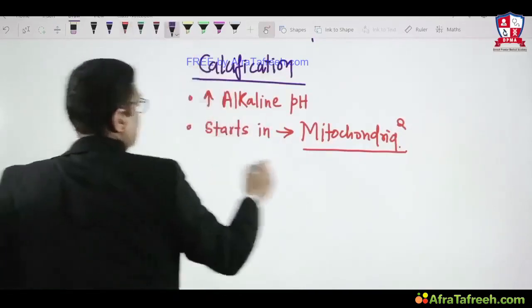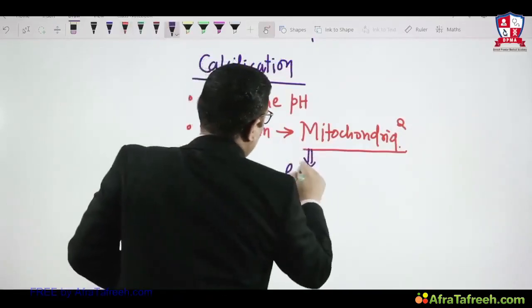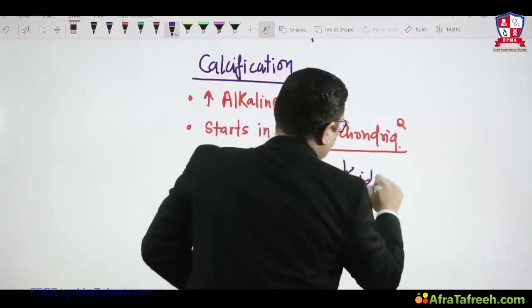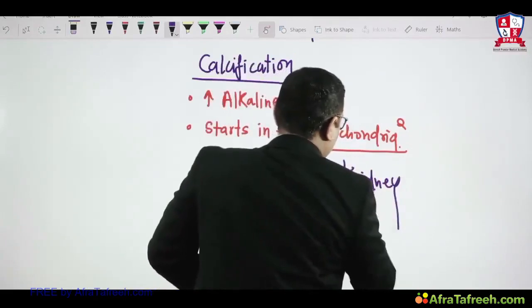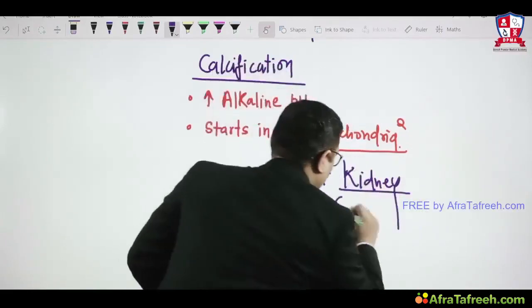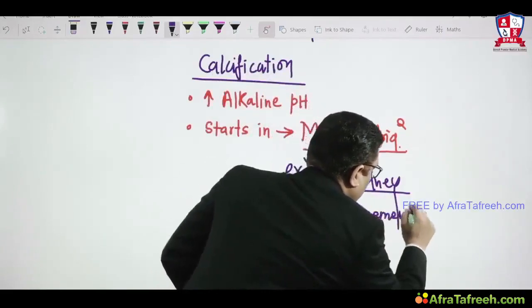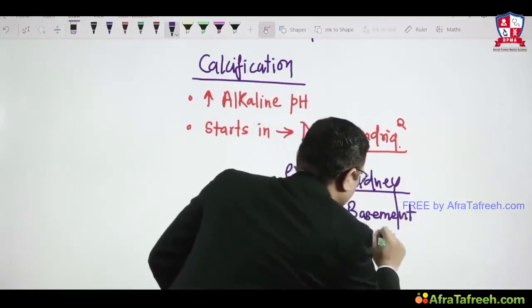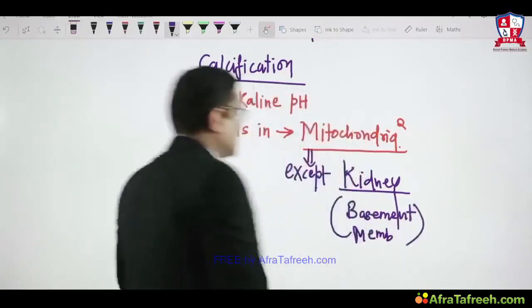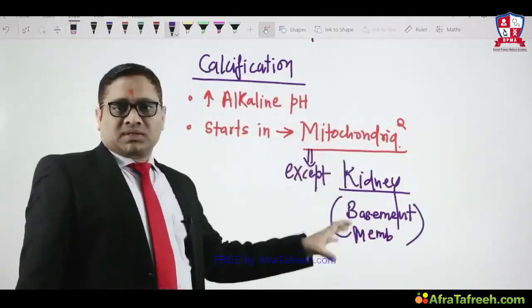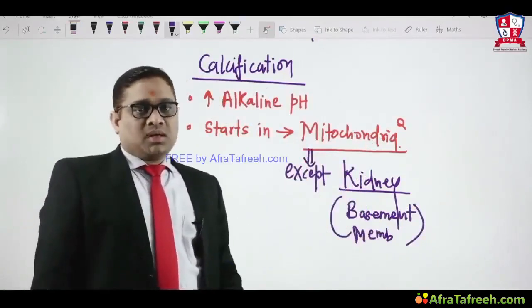That exception is very important: the kidney. In the kidney, calcification starts in the basement membrane. So calcification starts in mitochondria, except for the kidney, where it starts in the basement membrane.